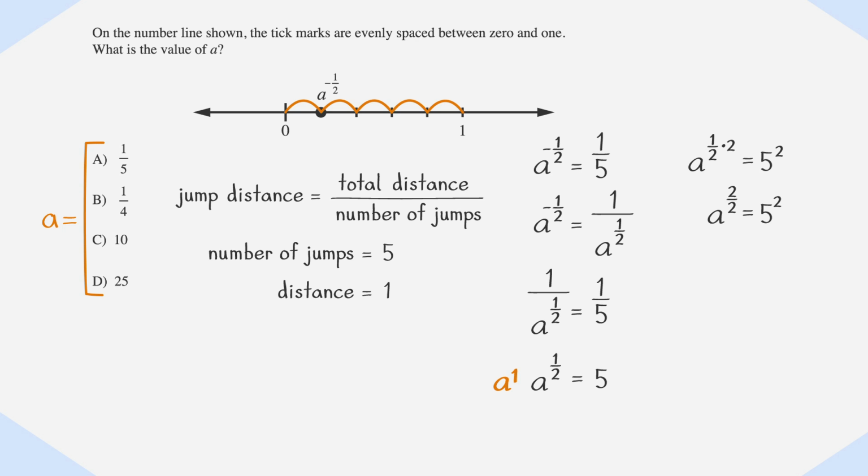That gives us a to the 2 over 2 equals 5 squared, or a equals 25. It would be good to remember that a to the 1/2 means the square root of a. If the square root of a equals 5, then a equals 5 squared, or 25. Either way, we know the answer is D.